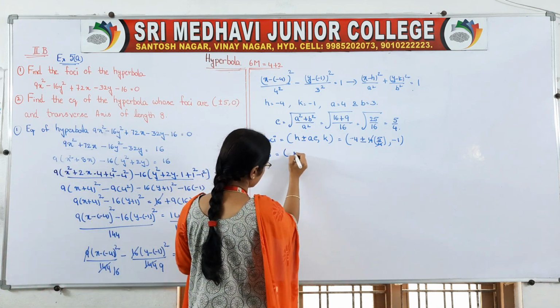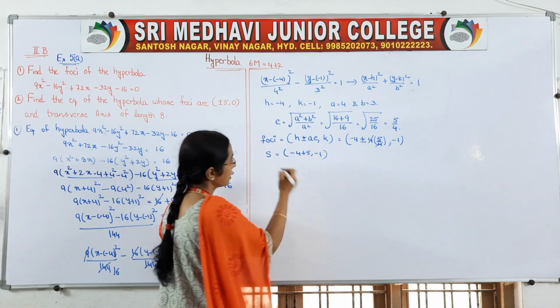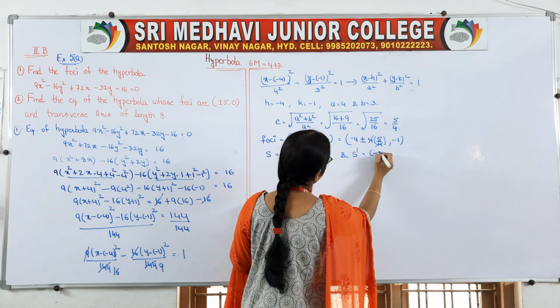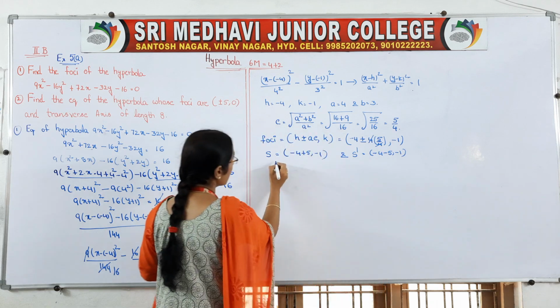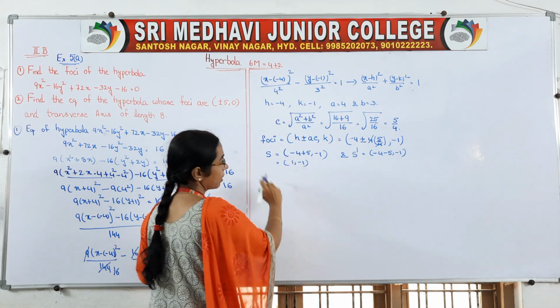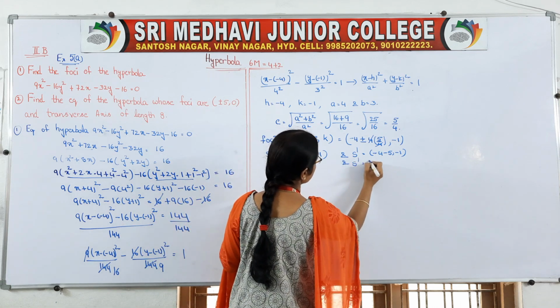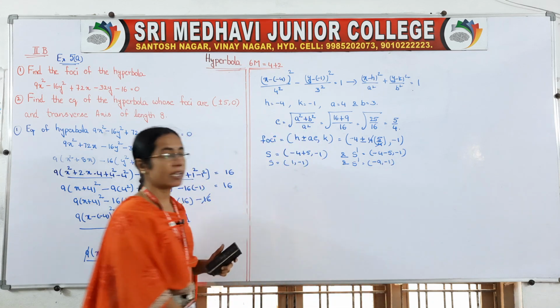So it is (minus 4 plus 5, minus 1) is your S, and S dash is (minus 4 minus 5, minus 1). So it is (1 comma minus 1), 5 minus 4, that is your S, and your S dash is (minus 9, minus 1).